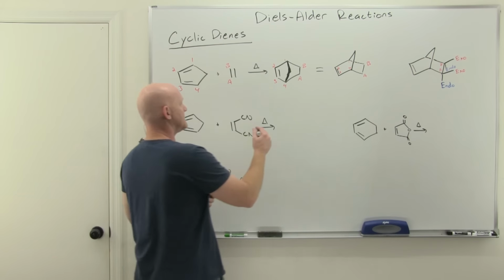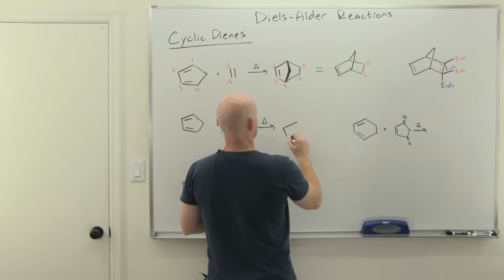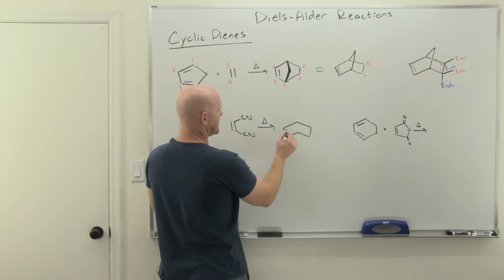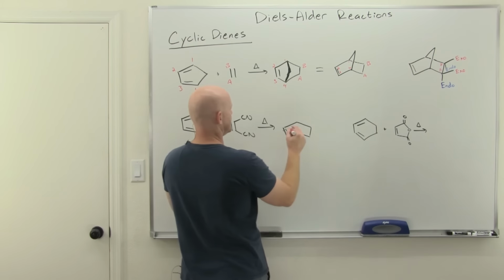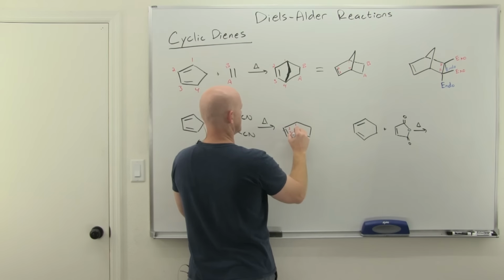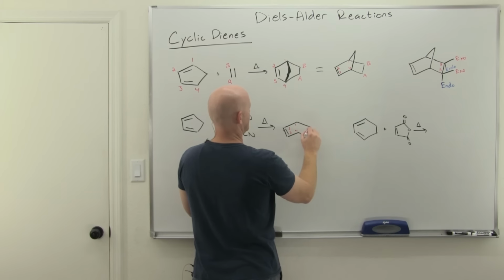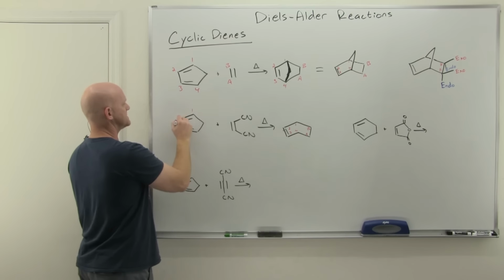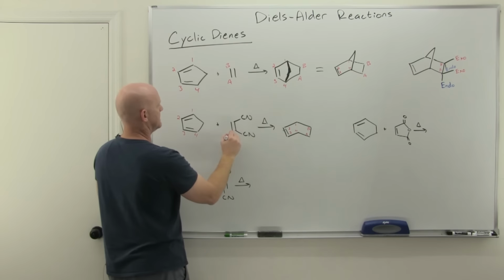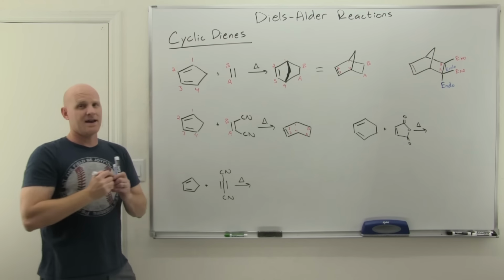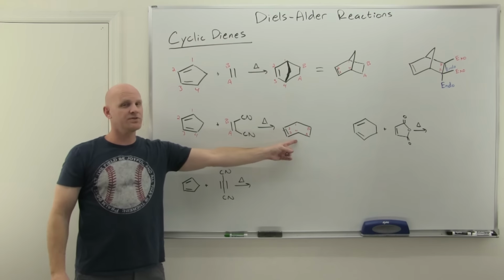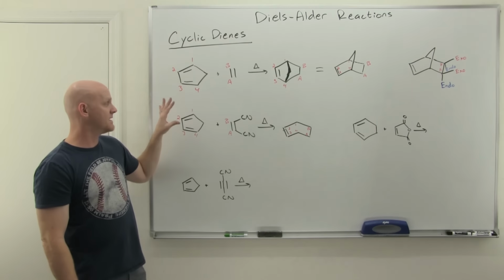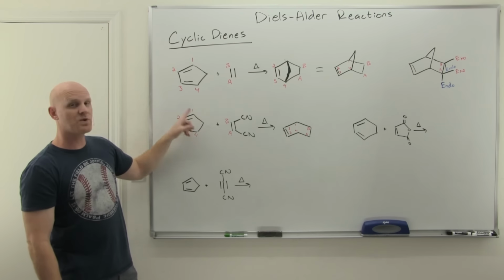So, and once again, there's our six-membered ring. We've got a double bond between atoms 2 and 3. So we've got 1, 2, 3, 4, A and B. And again, the difference between my most basic Diels-Alder product and my most basic Diels-Alder reactants, I should say, is this extra carbon between 1 and 4.